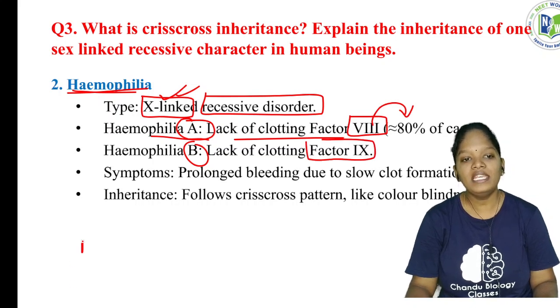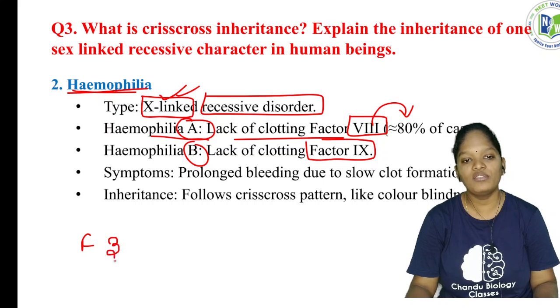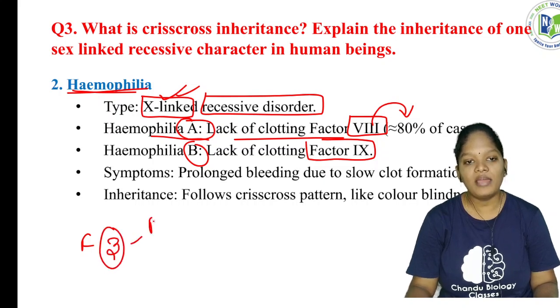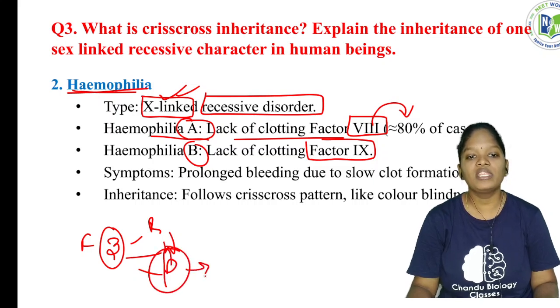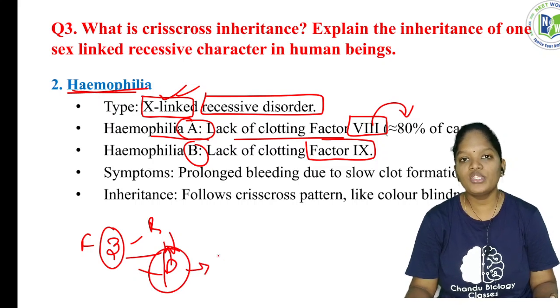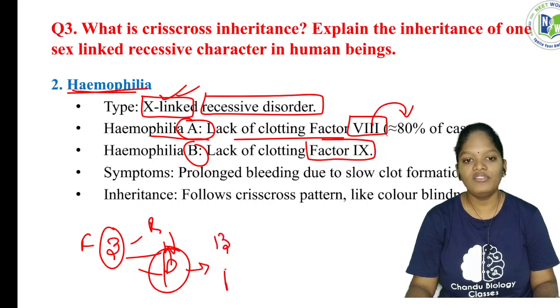In the blood we have three types of blood cells: RBC, WBC, and platelets. The platelets are responsible for blood clotting. For platelets to perform this clotting function, there are 13 important factors, from factor 1 to factor 13.